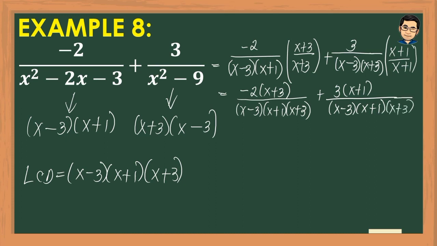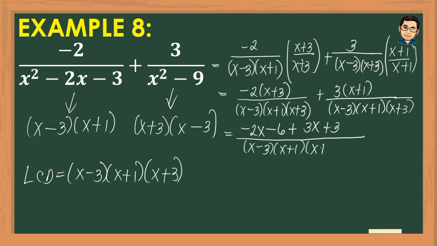Okay. So, and then, negative 2, distribute natin siya, magiging negative 2x minus 6 plus 3 times x, 3x, 3 times 1, that is 3. All over yung LCD. So, yung LCD, regardless naman sa order, as long as yun talaga yung least common denominator.